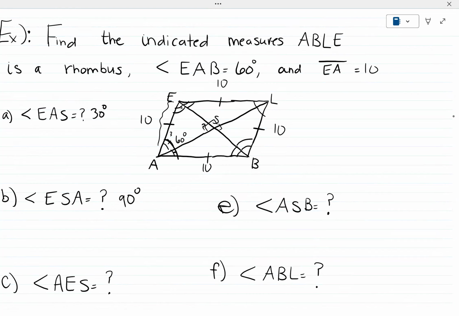I'm not sure of this small angle, but this entire angle is called x. So 60 plus x equals 180, and if I subtract 60, it would be 120, right?